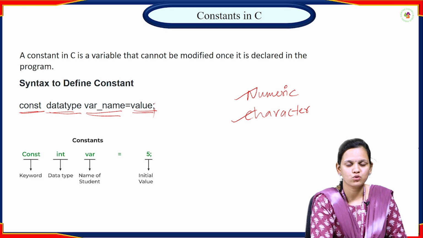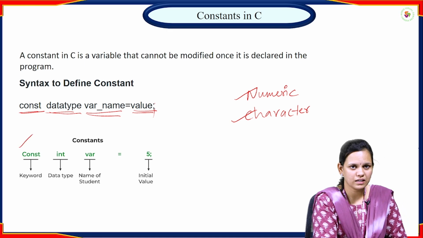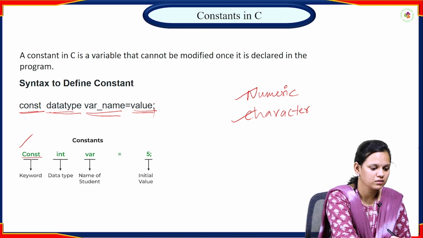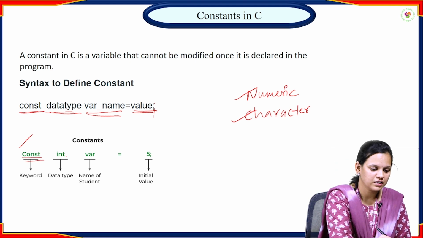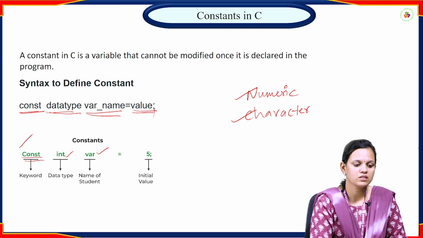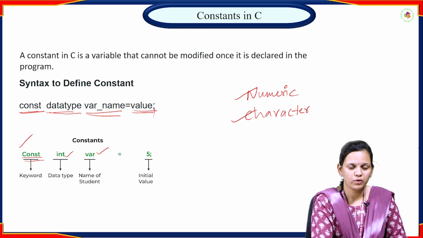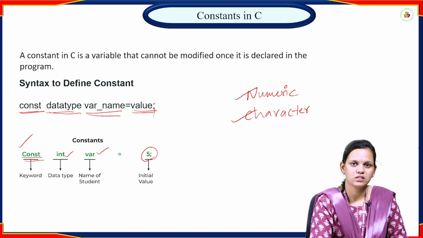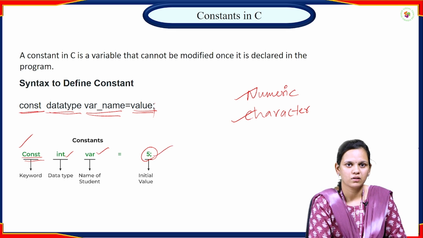This is the syntax to define a constant. Here is an example. The first one is the keyword const, then the data type of the constant, which is integer, and then the constant name, that is the variable name, here taken as var, equals the value of the constant, semicolon, right?